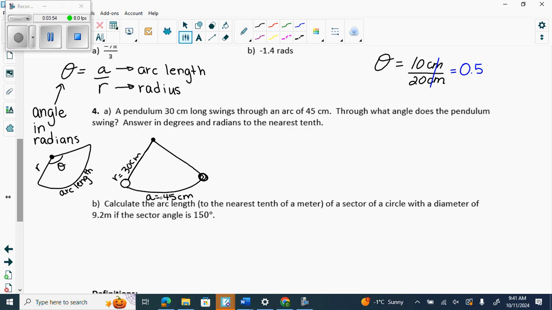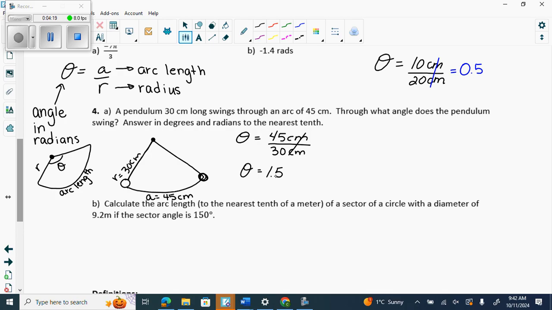So through what angle does the pendulum swing? Answer in degrees and radians to the nearest tenth. So we would say theta equals A, which is 45 centimeters, over radius, which is 30 centimeters. So theta equals 1.5. 1.5 what?